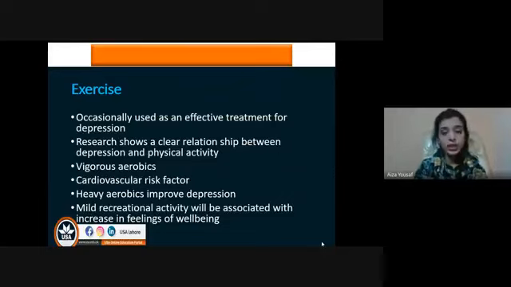Research shows a clear relationship between depression and physical activity, while there is limited use of exercise as a treatment of depression. Vigorous aerobics improve depression. Mild recreational activity is associated with increasing feelings of well-being.